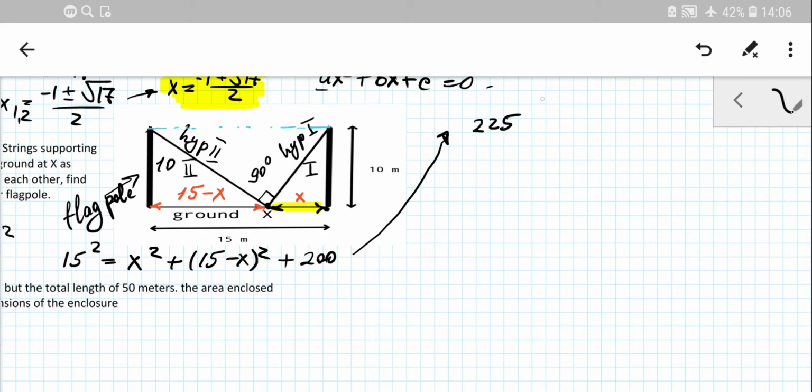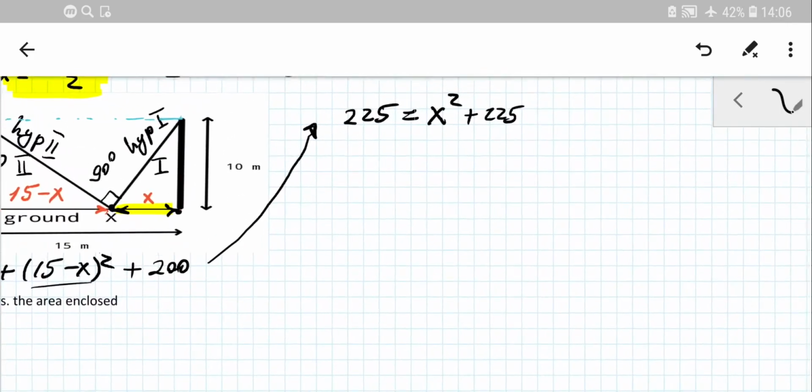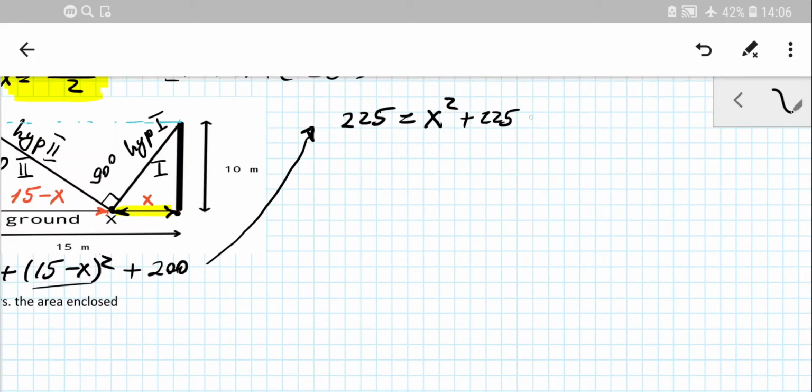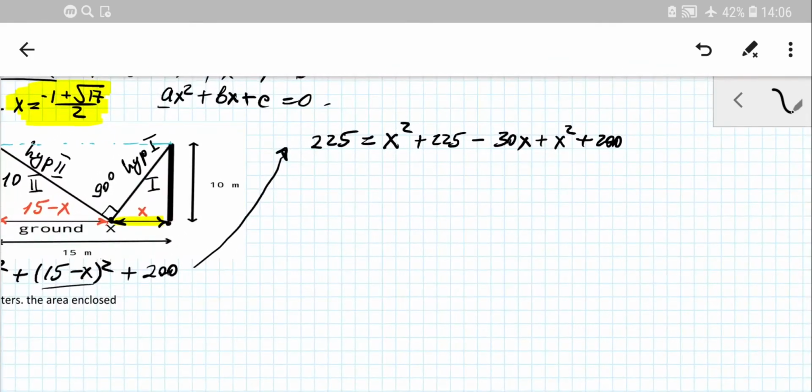225. Next, I've got x squared. Then I expand the brackets here. So again, 225, that's the formula, right? (a minus b) squared. So 225 minus 2 times 15, which is 30x, and I add x squared at the end, and plus 200. Make sure you remember how the formula works.